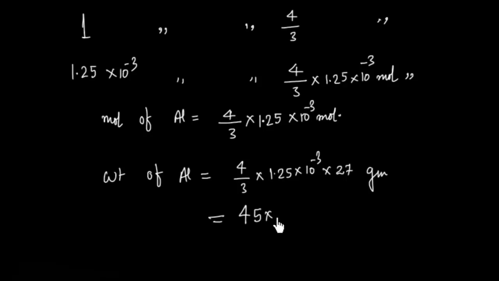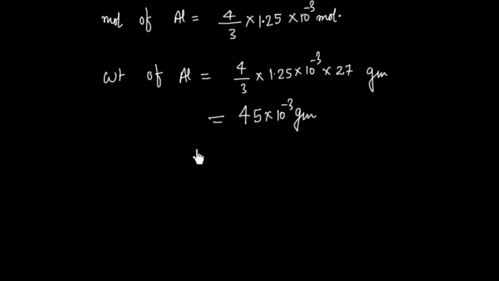So this is around 0.045 gram. So this is the weight of aluminum that basically be required. So weight of aluminum wire is 0.045 gram. So I have to have one more zero. So this is the weight of aluminum.